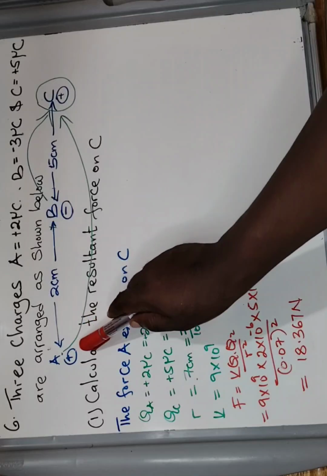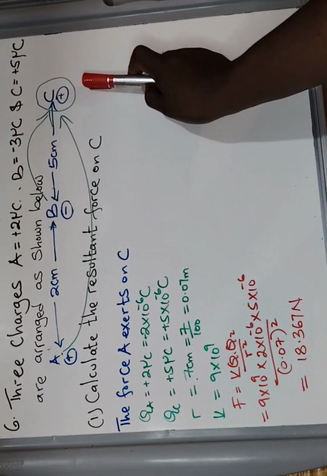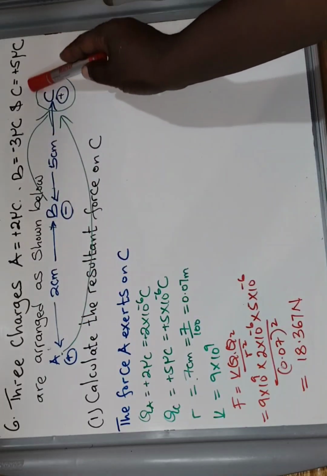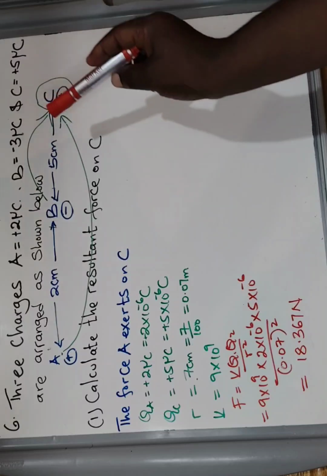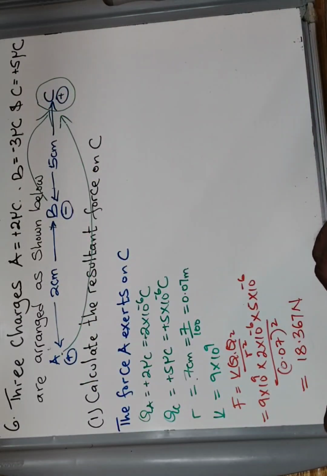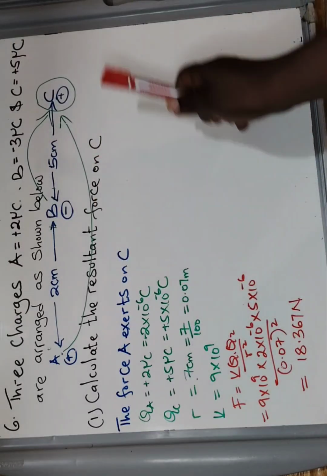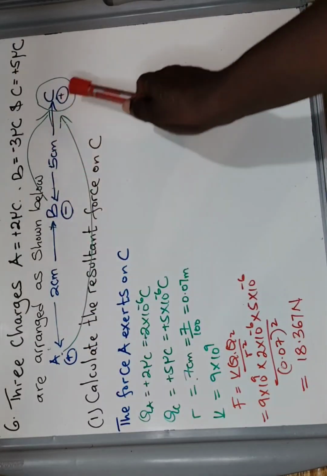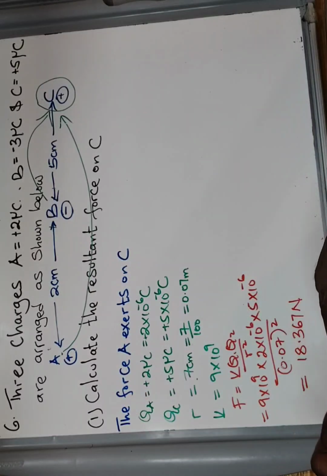Okay. So now the next part is going to be to determine direction. We have to know that this charge is positive and this one is positive. And we are calculating net force on C, so it's our C which will move when A is stationary. And where will C move? We have to remember that these are like charges. And what happens between like charges? They repel.